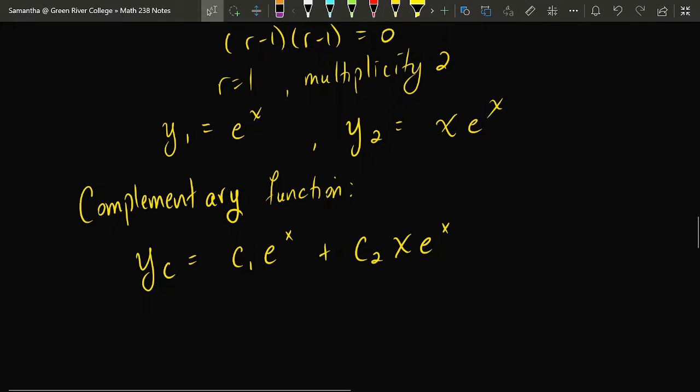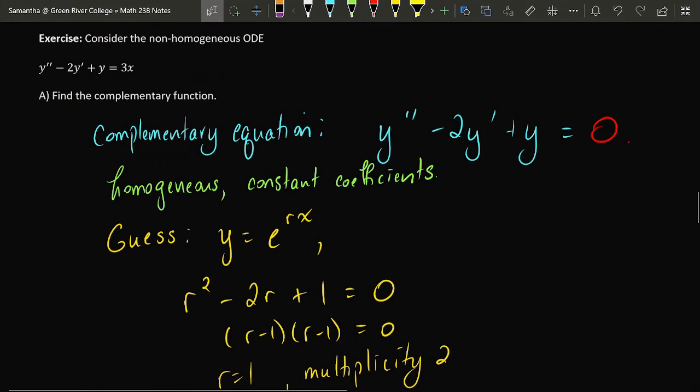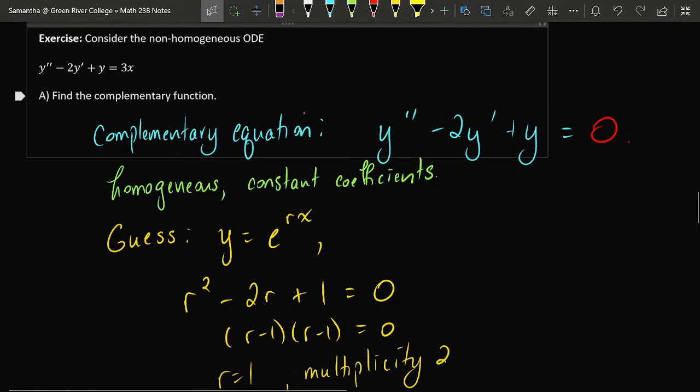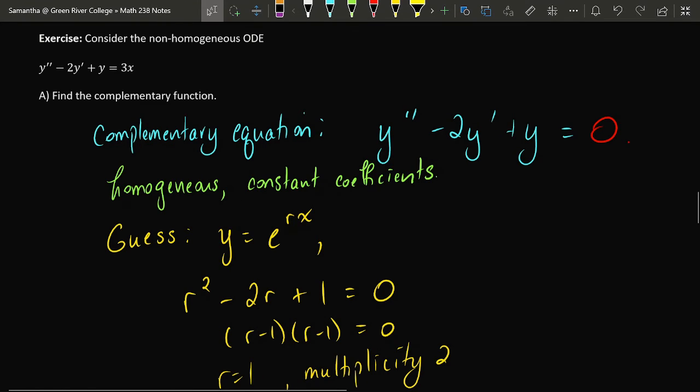Okay, so now we have found the complementary function. We have described all possible solutions to the complementary equation, which is what we get by replacing the right side of the equation with 0.